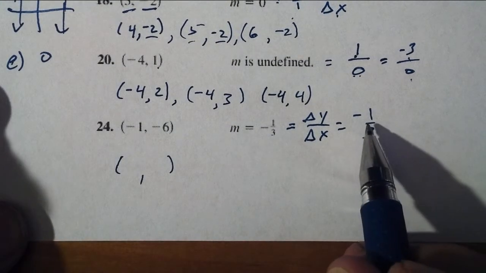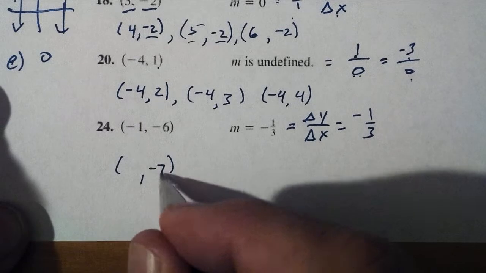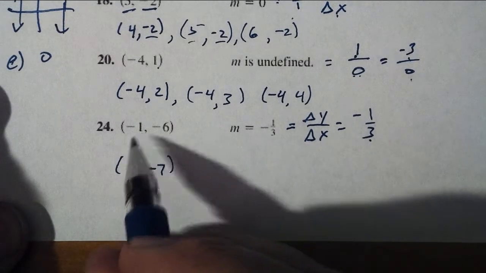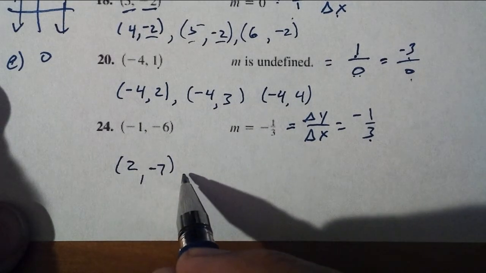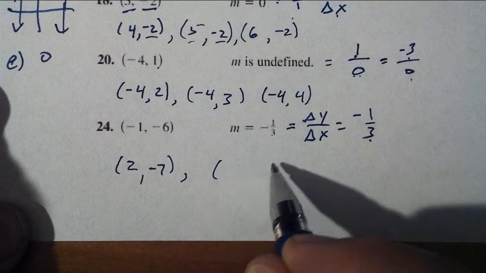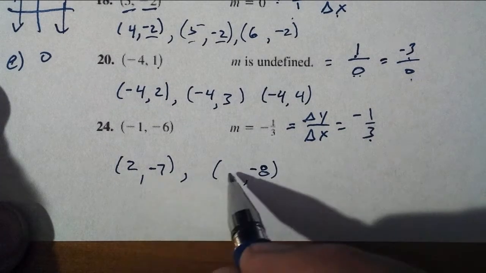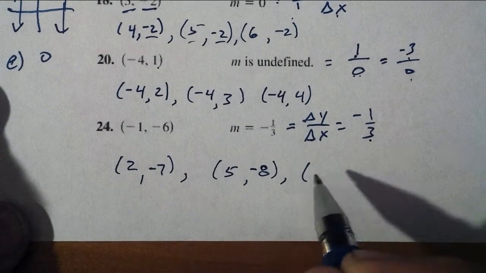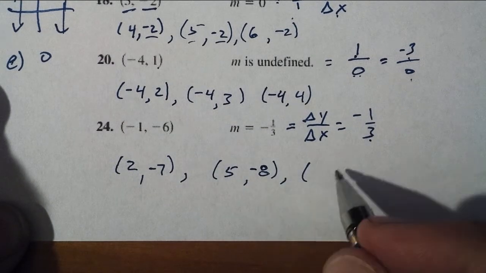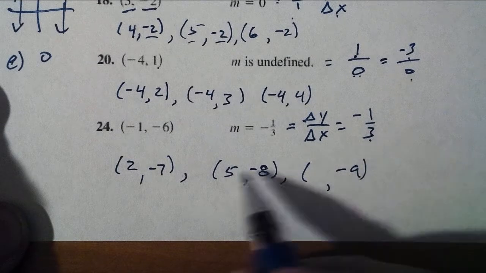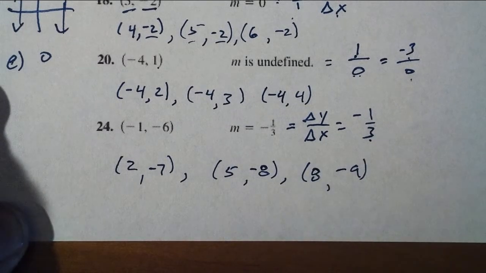My y's decrease by 1 as my x's increase by 3. My y's decrease by 1 to -8 as my x's increase by 3 to 5. And my y could decrease by 1 to -9 as my x increases by 3 to 8.